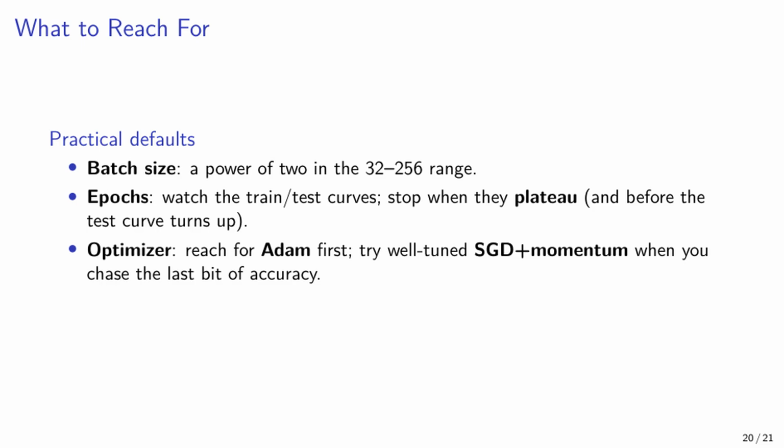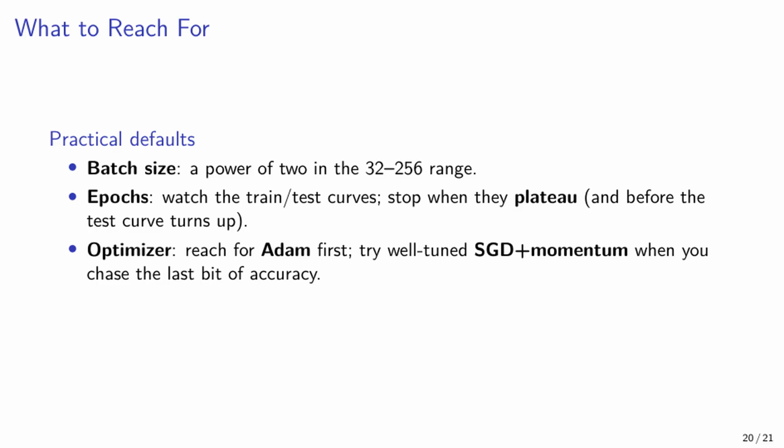So, what do you actually reach for? Batch size: a power of 2 in the 32 to 256 range. Epochs: watch the train and test curves and stop when they plateau, before the test curve turns back up.